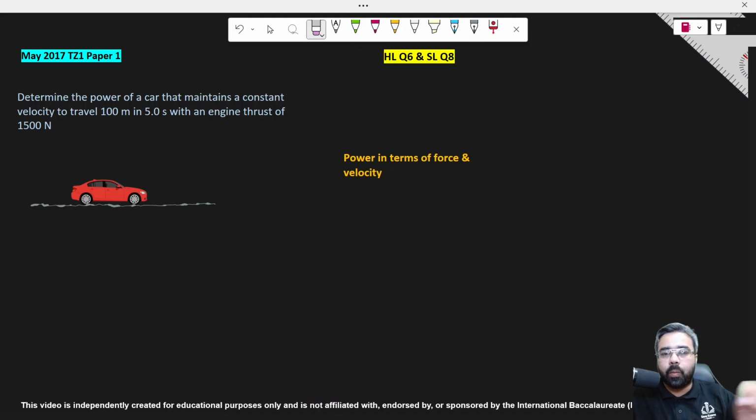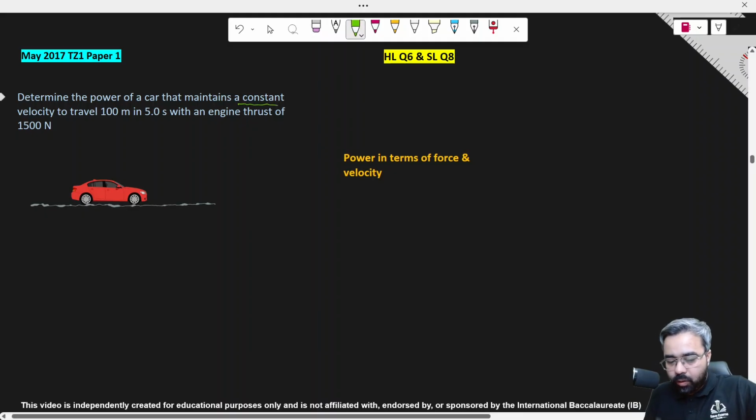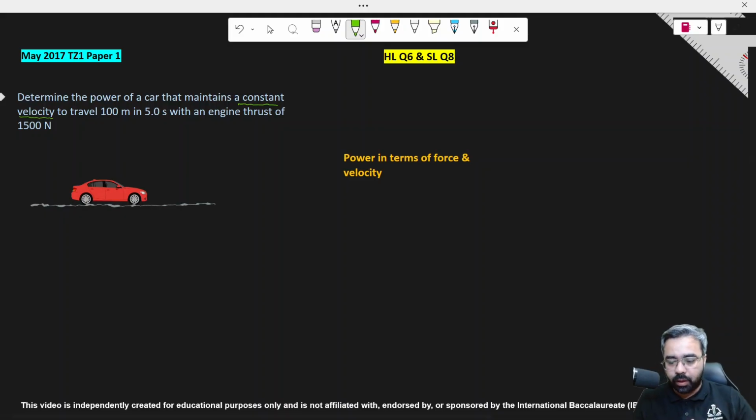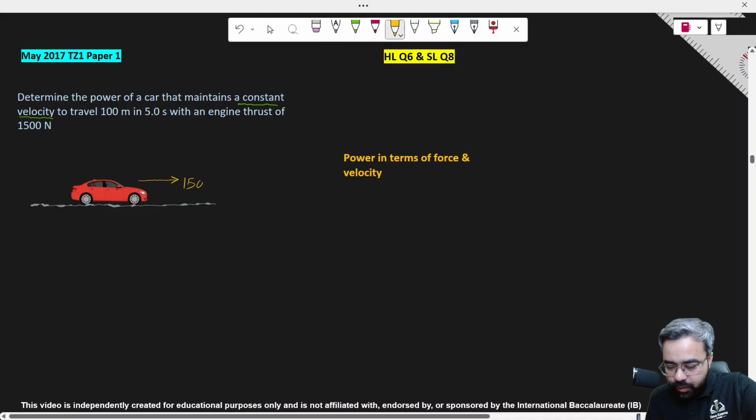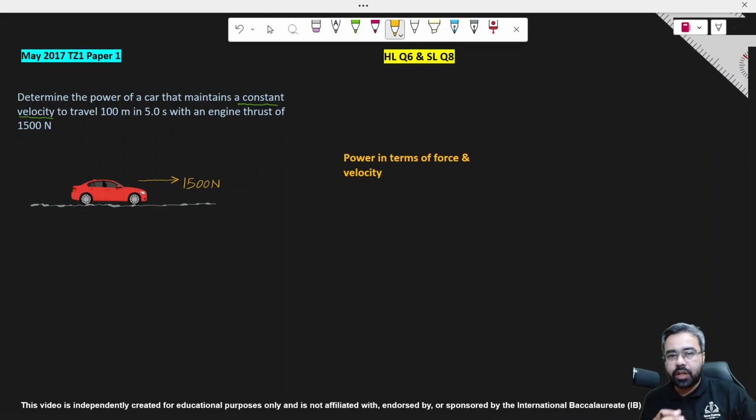In this question, we have to find the power that is required to maintain the constant velocity of the car despite the resistive forces, either air drag or a frictional force from the ground. So the car engine is giving a constant thrust of 1500 newtons. This is a force that the engine is applying to maintain its constant velocity, because there are other forces.